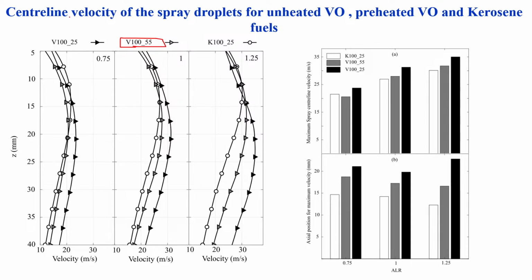This is without preheating, this is with preheating. We can see the plot shifting towards the kerosene fuel. So in order to obtain spray characteristics similar to kerosene, we need to preheat the vegetable oil to reduce the viscosity and density to achieve better atomization.